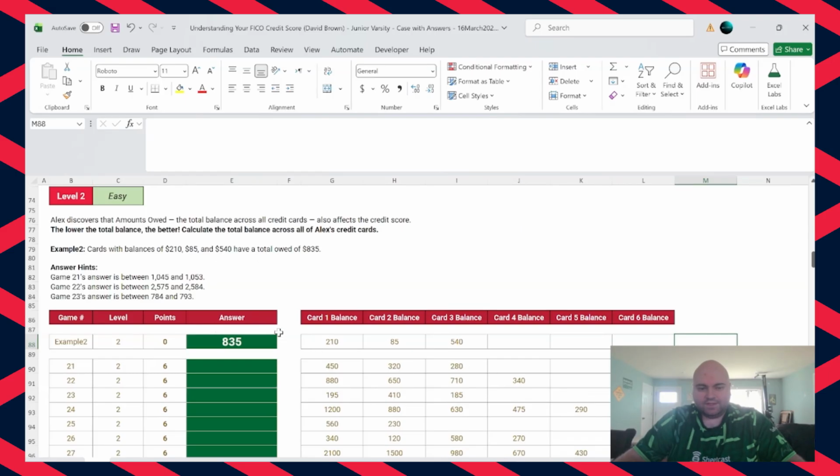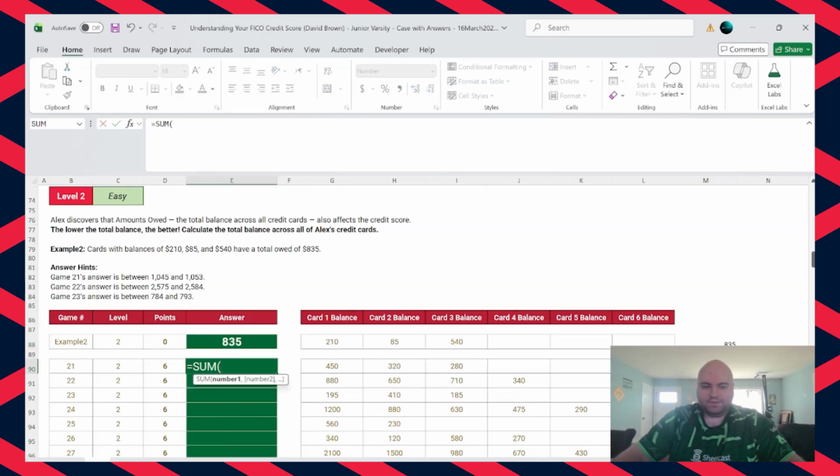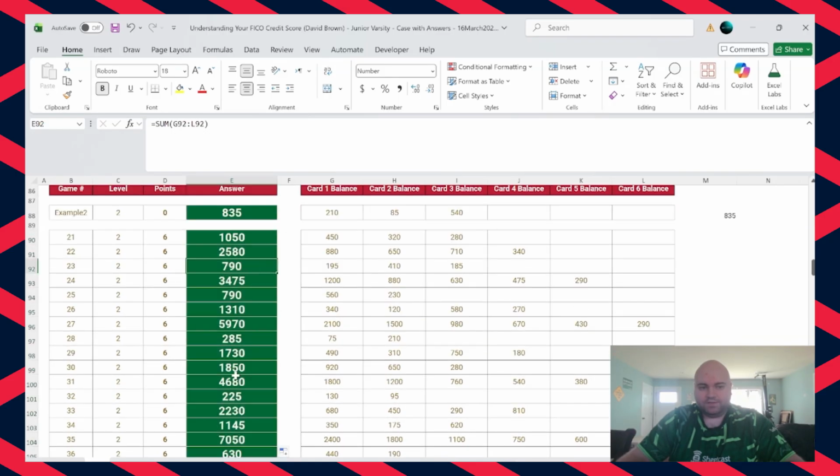What's nice is it's wanting us to sum these items here, and the sum function doesn't really care if there's blank cells in here. We're still going to get the result like so. So let's just do a sum and throw that in here, and we can drop this down.